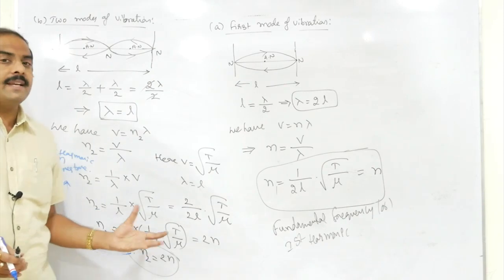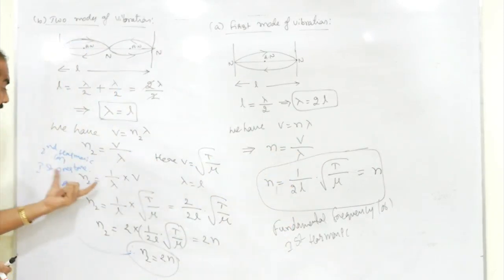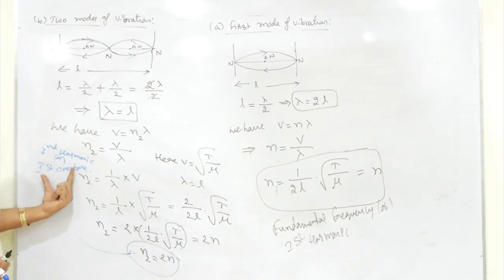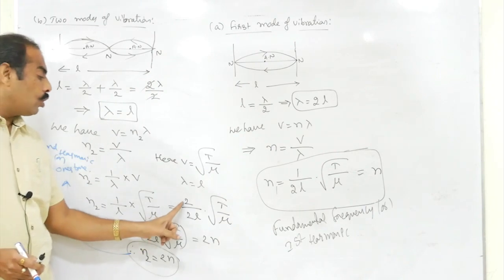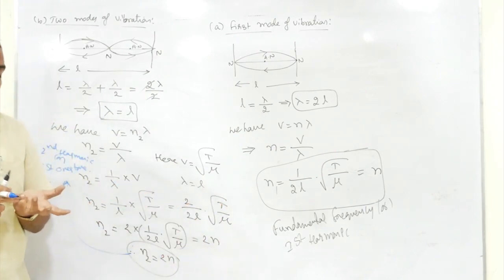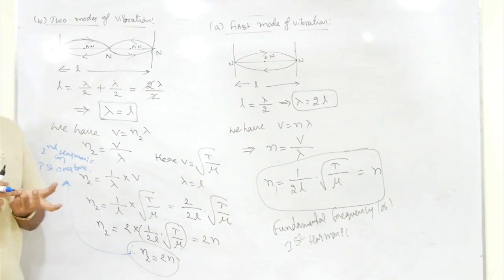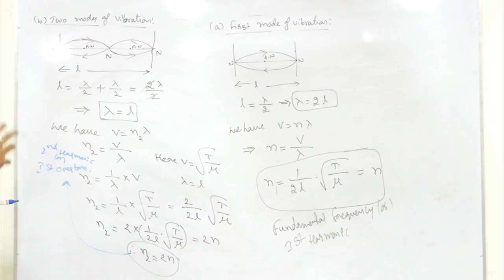This frequency is just greater than the fundamental frequency. That's why I consider this a first overtone. So N2 is equal to 2 by 2L into root of T by mu is called the second harmonic or first overtone. This is the frequency when the string vibrates with 2 modes.